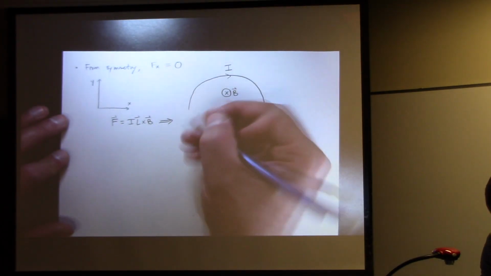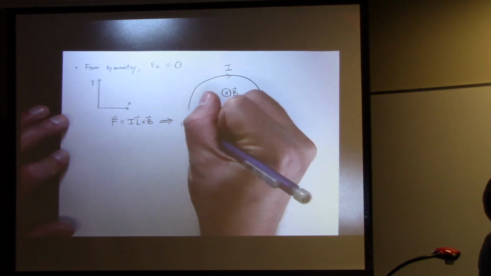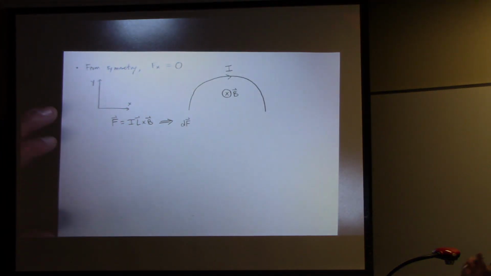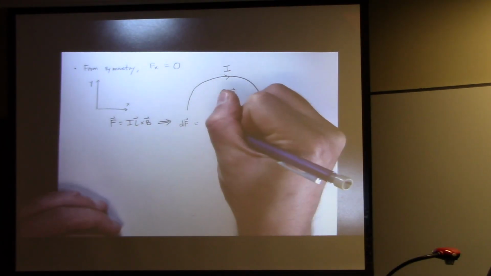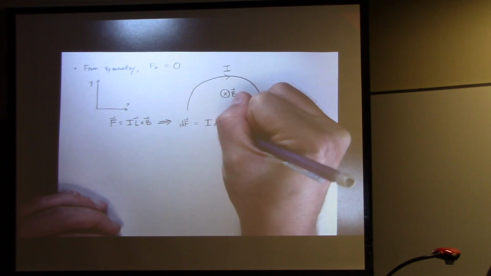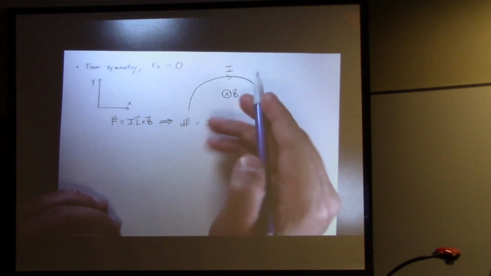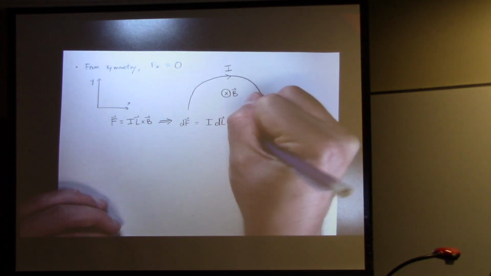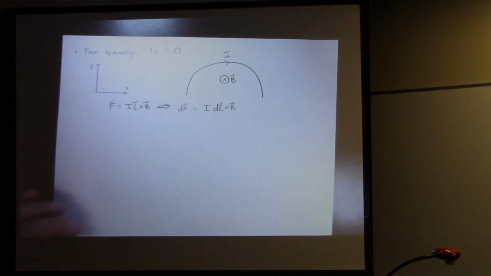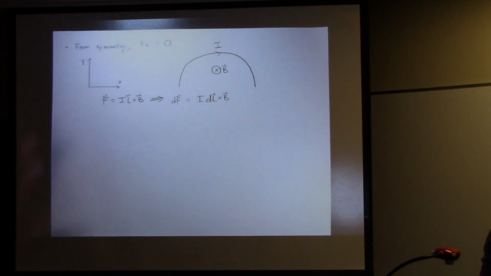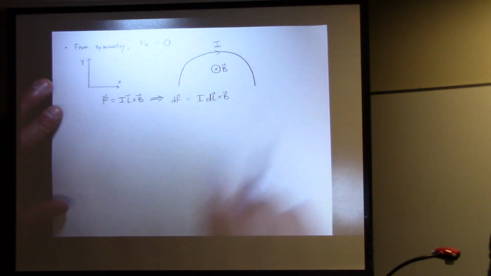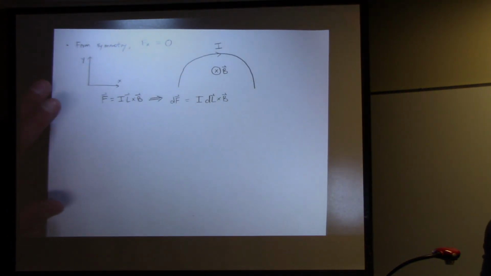So what does that mean? dF, some tiny little infinitesimal amount of force, is equal to I times dl, which is some tiny infinitesimal amount of length along this wire, cross B. So in other words, I'm kind of turning this into a calculus problem where I take the wire and break it into infinitesimal little bits and see how those little forces add together.